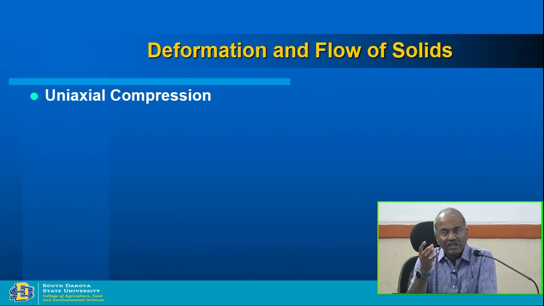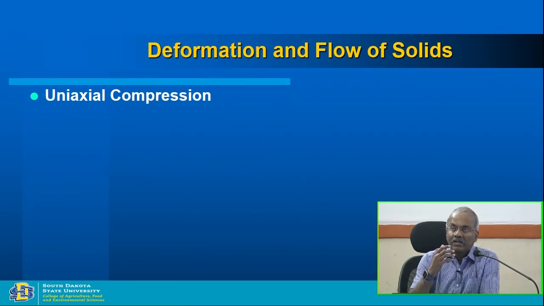You are compressing the material, knowingly or unknowingly. When you are biting, it may not be only compression. There could be compression, there could be shearing of the material, and there could be flow of the material happening within the mouth.